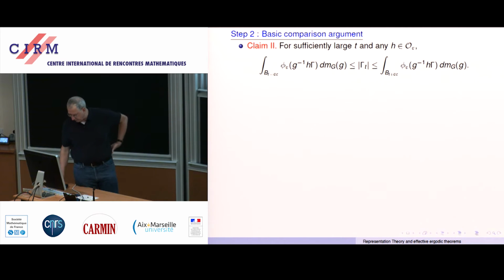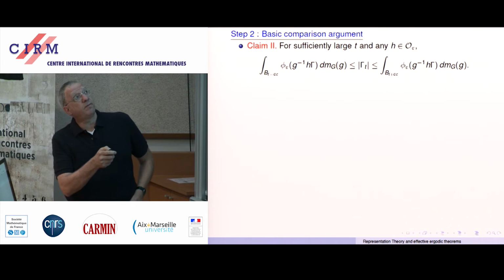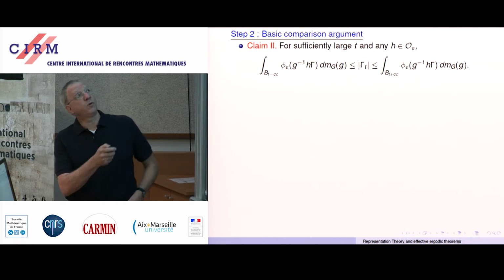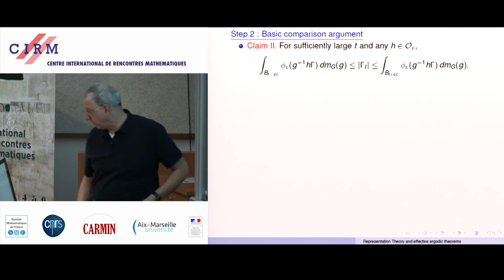If you integrate phi epsilon over bt minus c epsilon, so you take a slightly smaller ball and you look at this integral, then it's dominated by the number of points in gamma intersect bt, and it's bounded by the integral over a slightly larger ball. So here we have bt, the parameter is t, gamma intersect bt, and here we have a ball, let's say, of a slightly smaller radius, and here a ball of a slightly larger radius.